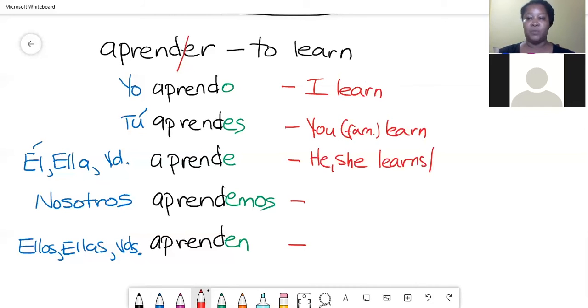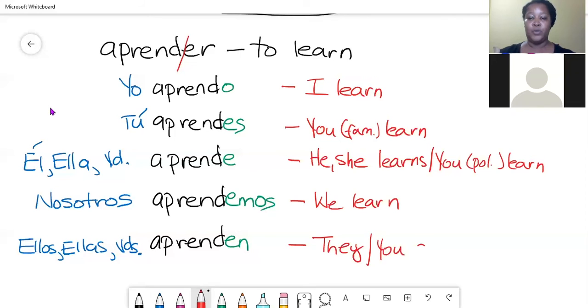And then the usted, which is a formal you, I'm just getting some space here. You, this is the polite you, learn. Nosotros aprendemos, we learn. Ellos, ellas aprenden, they, ustedes, you all learn.